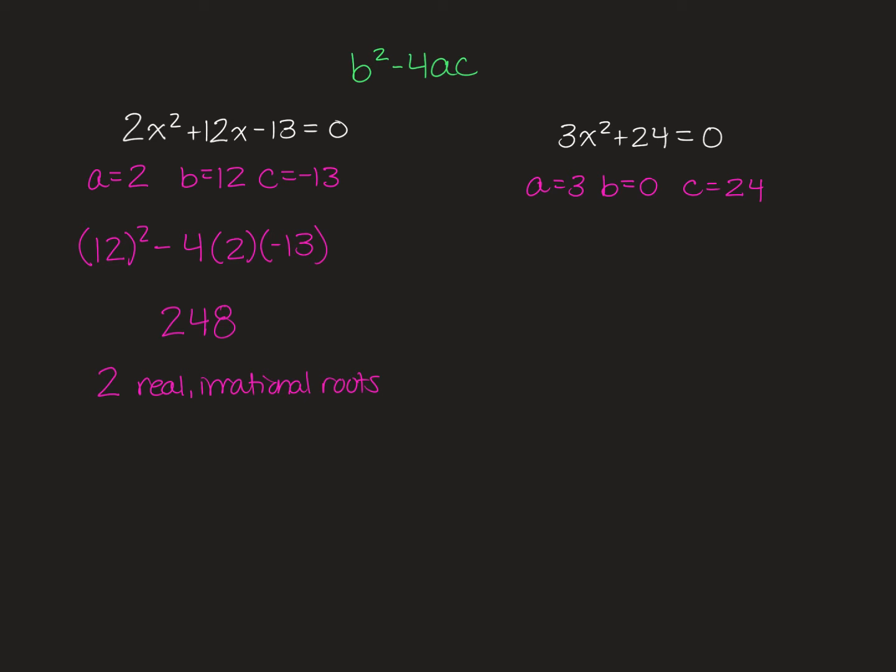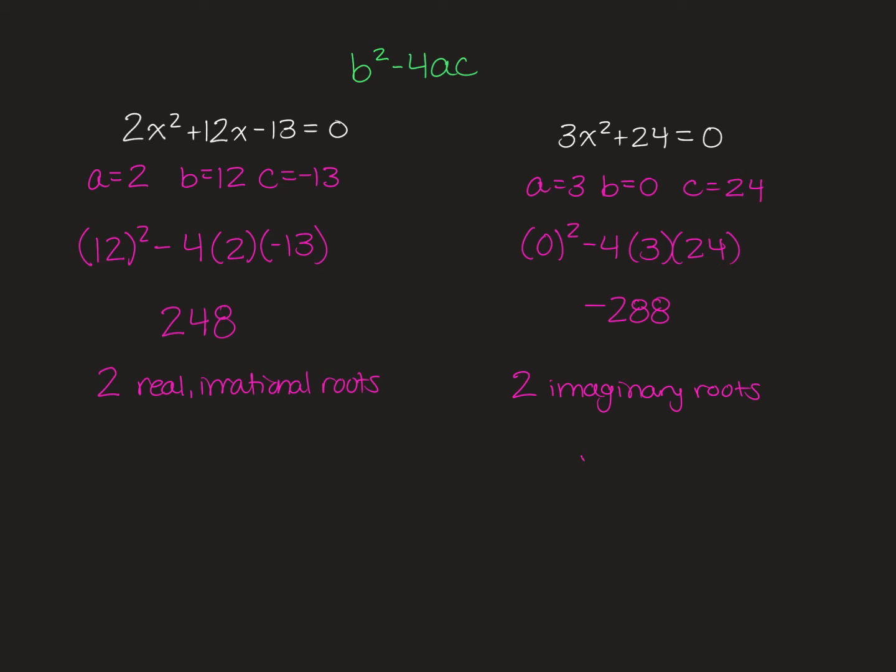Again, if we plug this into our discriminant, b squared minus 4 times a times c, and multiply all of that, you will get negative 288. Again, if you look at our table in the previous slide, you will see that if our discriminant is negative, we will have two imaginary roots.